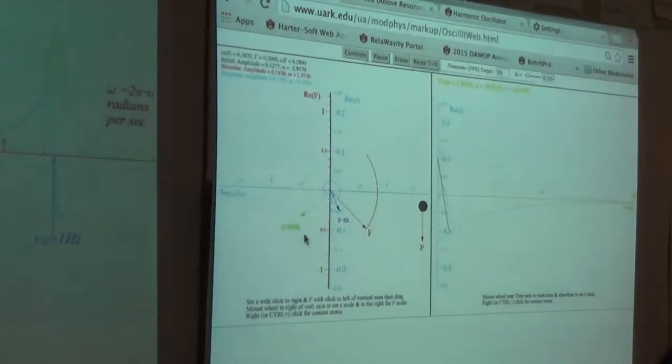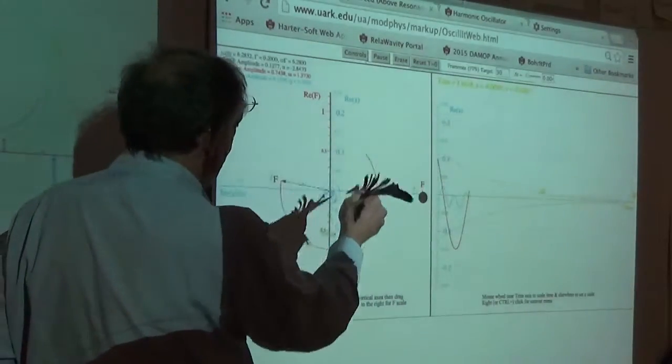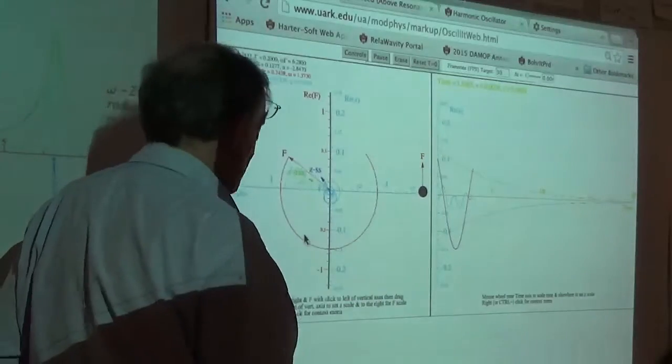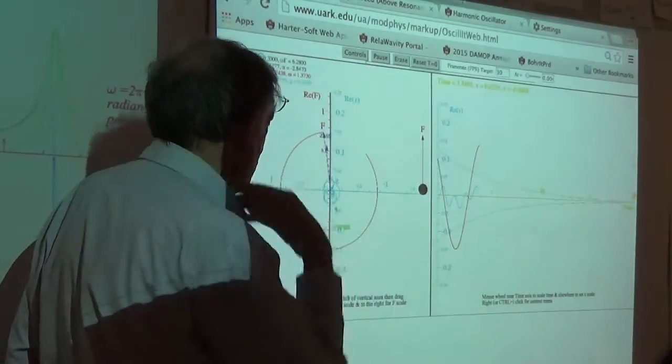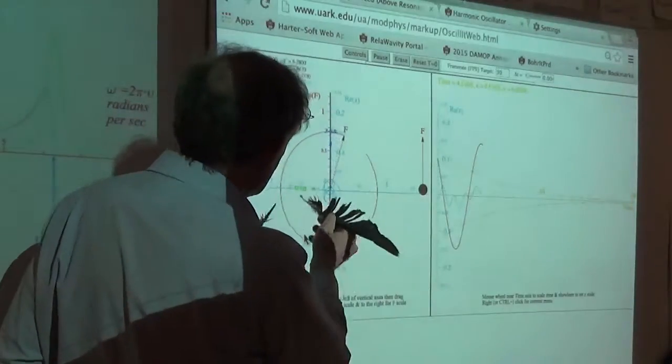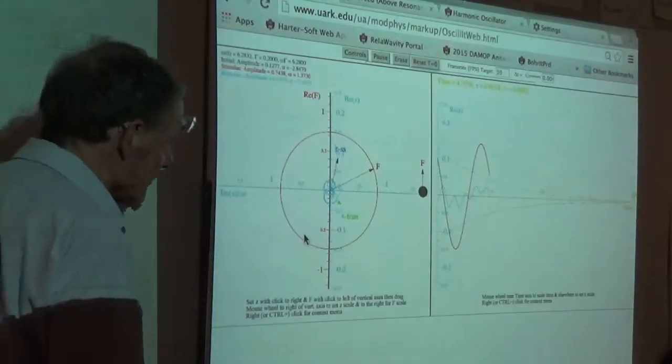Okay, so there's the red oscillation, which is the force, and you can see the force is way slower than what the oscillator wants to run. The transient frequency, omega sub gamma, is much, much faster.